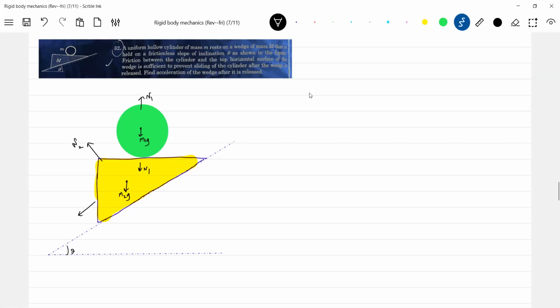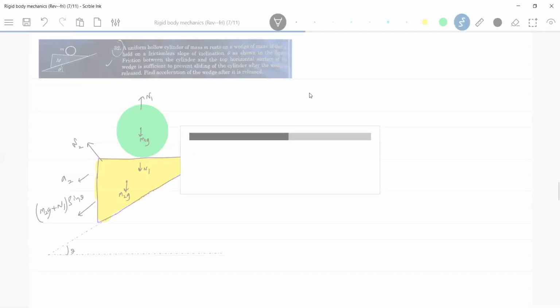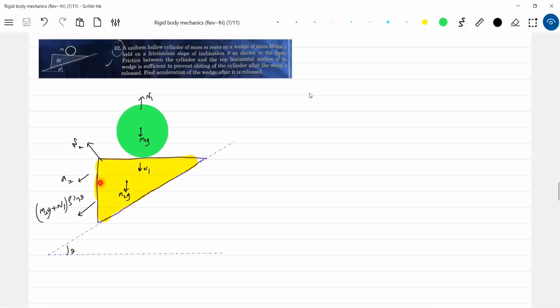The force M2G plus N1 sin theta will make this accelerate with A2. This acceleration is with respect to ground. This N2 will act normal and will resolve this also. Okay, till here this one.